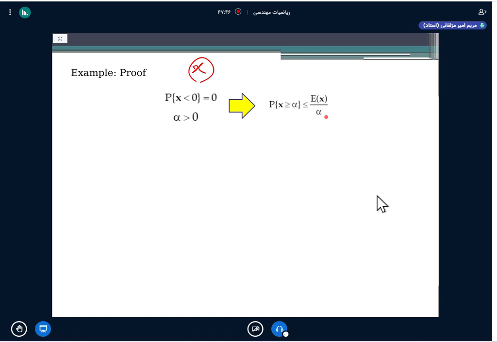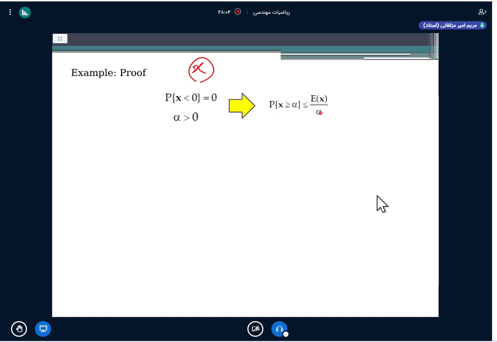Again, I repeat the example. We have a random variable x. We know that the probability that x is less than 0 is equal to 0. So x is positive, x can't be negative. And alpha is a positive constant.